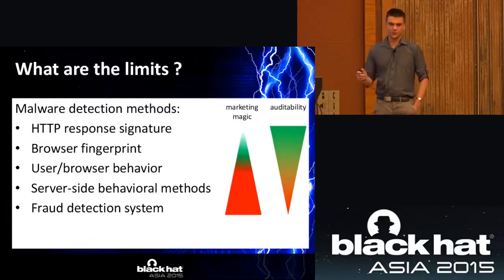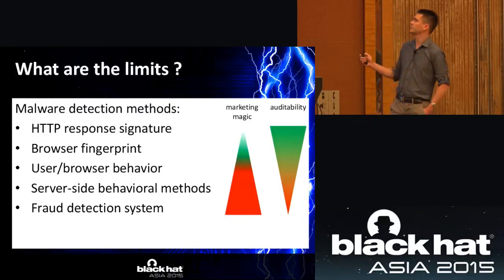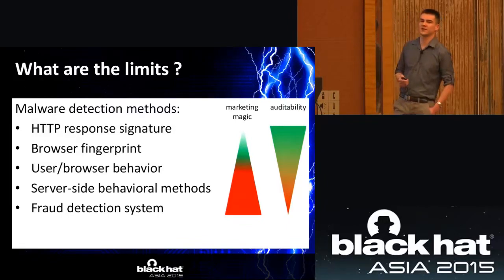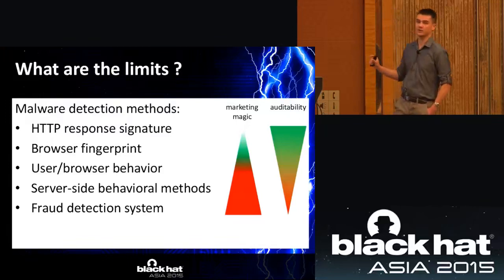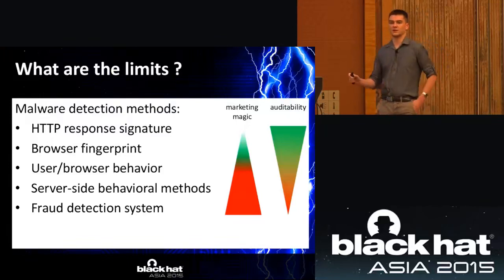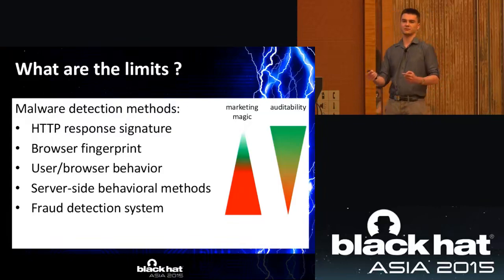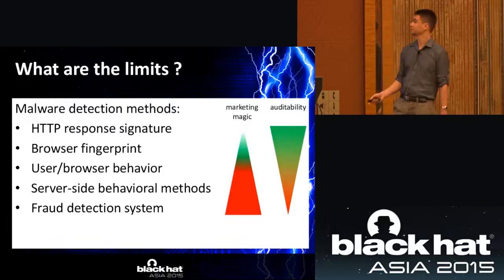Well, first of all, if we talk about HTTP response signature, if we want to audit if this signature really works on a particular malware, it's really simple. It's auditable because we can check if there was a web inject, and it's like a binary answer, 1-to-1.